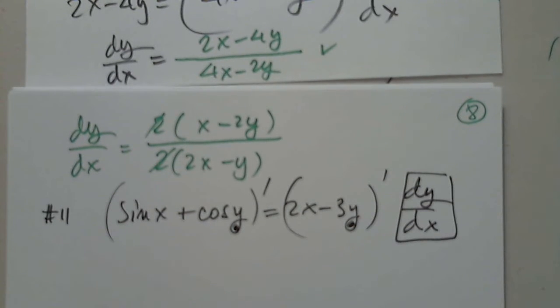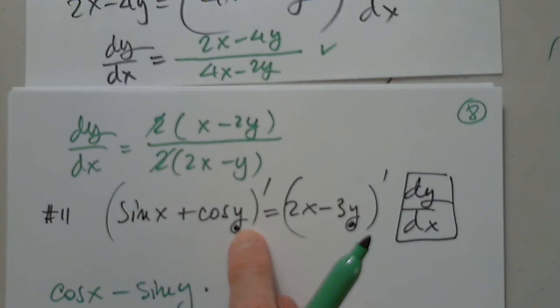So the left-hand side, can anyone help with the left-hand side, please? Cosine? Yes, awesome. Excellent. And now we differentiate cosine. When we differentiate cosine, what do we get? Negative sine. Negative sine y times the inner function prime, dy over dx.